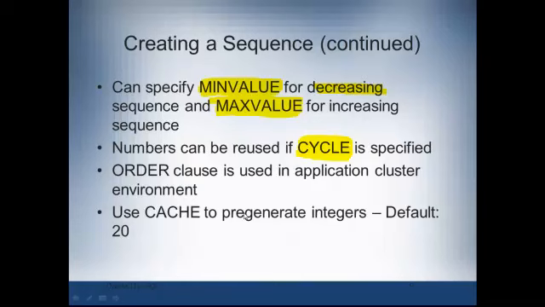I can't discuss the order clause in too much detail. It has to do with the caching value also. I am going to have to refer you to the textbook to read on that, but I believe it has something to do with when cache values are more than 1. In other words, the sequence generates, in this case the default is 20, if the sequence generates 20 values for a particular user to use, and the user signs off without using all 20, then the unused values are returned to the sequence for later use.